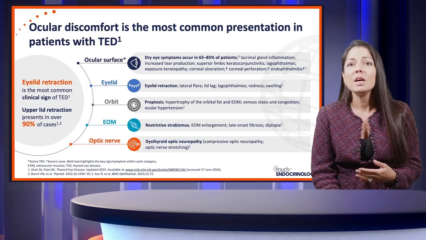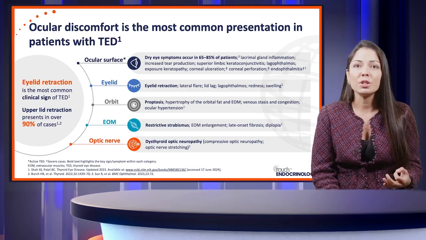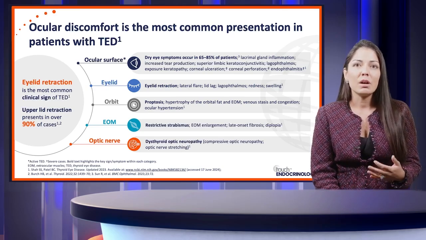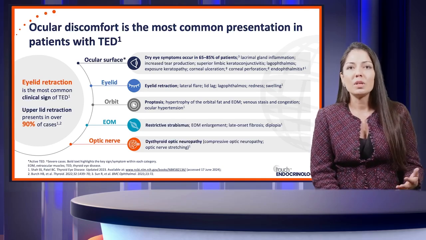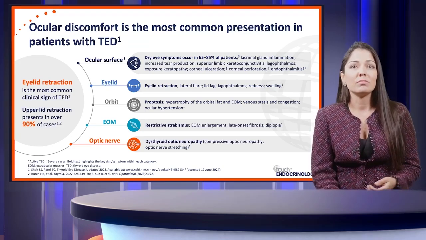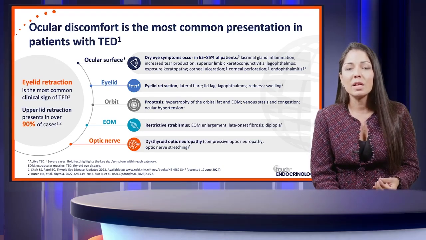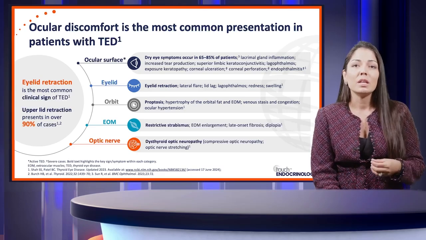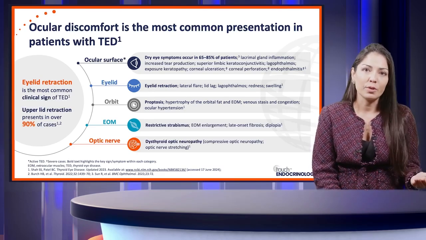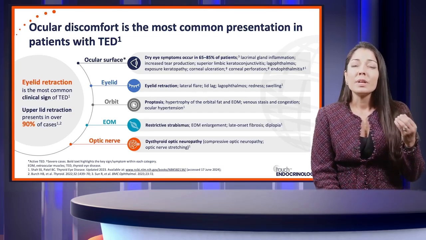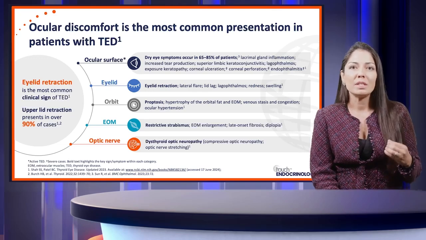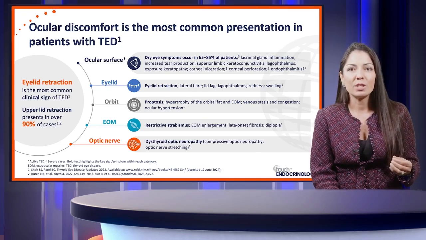Oftentimes, patients can have difficulty with eyelid closure or blinking, which can cause their cornea to be exposed. And if very severe, this could result in a scratch of the cornea, an infection, even a corneal ulcer or perforation.